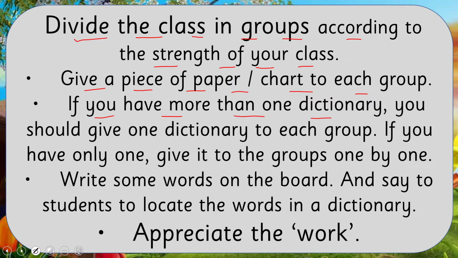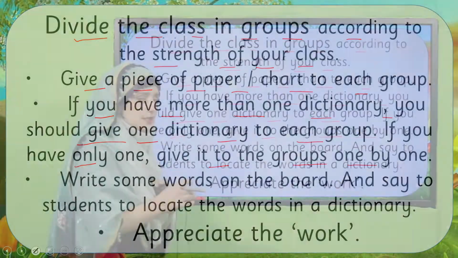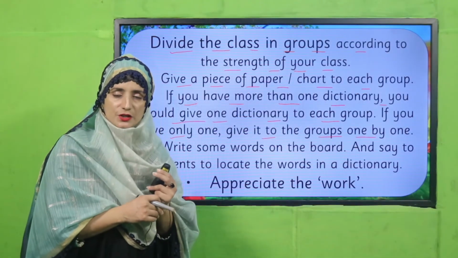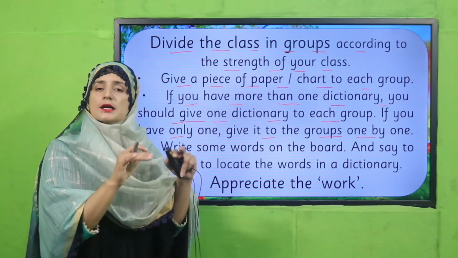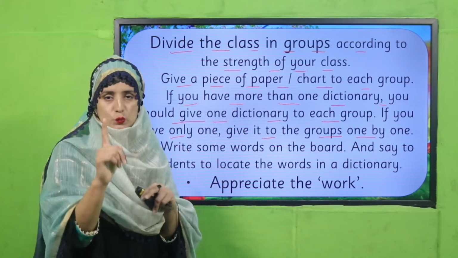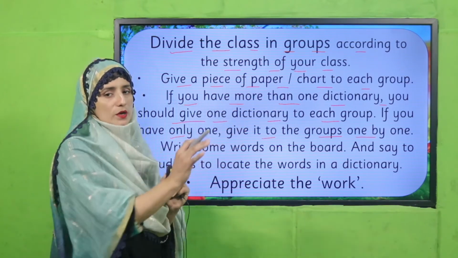If you have more than one dictionary, you should give one dictionary to each group. If you have only one, give it to the groups one by one. Okay, it's for your ease, my dear students.